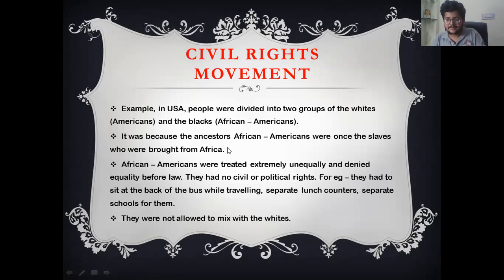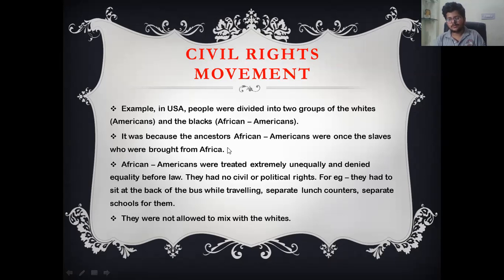Another example is that the African Americans had separate lunch counters from the original Americans, the white people. And there were separate schools for Americans and separate schools for African Americans. The African Americans were not allowed to study in the same school in which the common Americans or the white people were studying.